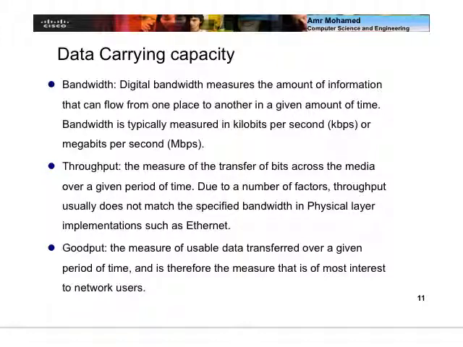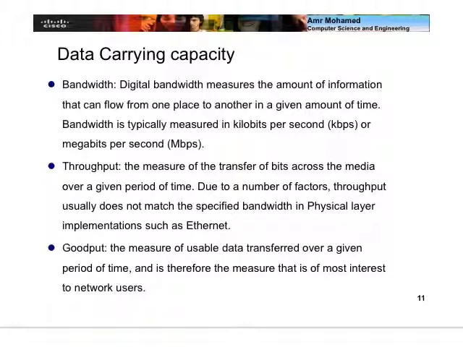Okay? So what about goodput? Well, remember that this 60% or 70% is the actual bits, okay? And we have lots of headers in this stream of bits, right? We have the data link layer header, right?